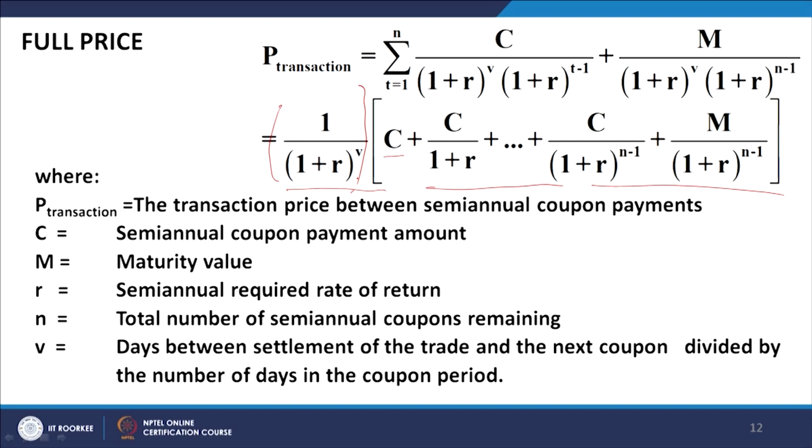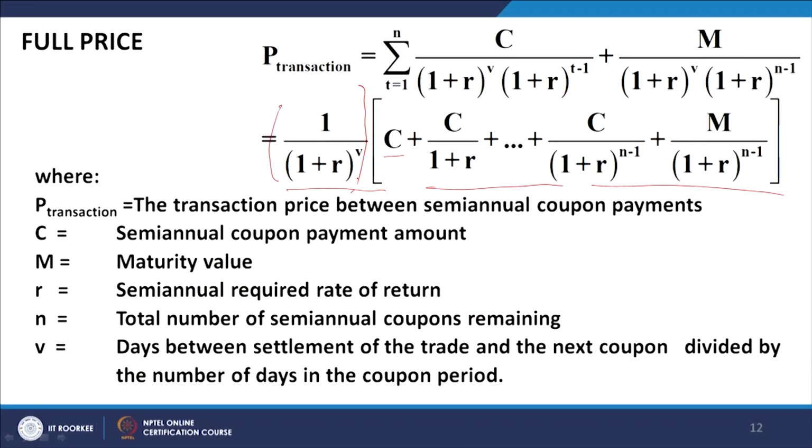So, this factor that appears as a pre-factor to the expression in the square brackets does the job of discounting the price or the DCF value as on the date of the next coupon payment to the date on which the valuation is done. But again I reiterate, the full coupon payment is being discounted. The C is the full coupon payment, or the coupon payment relating to the full period since the last coupon date, although the discounting is done for the period up to which the transaction is done, or at the point at which the value is calculated.